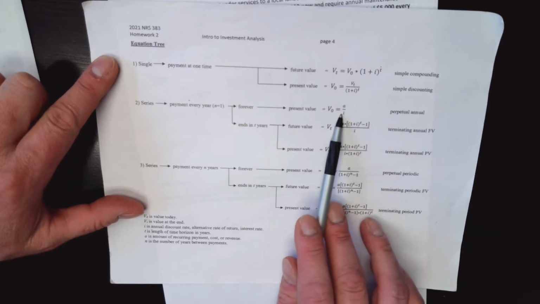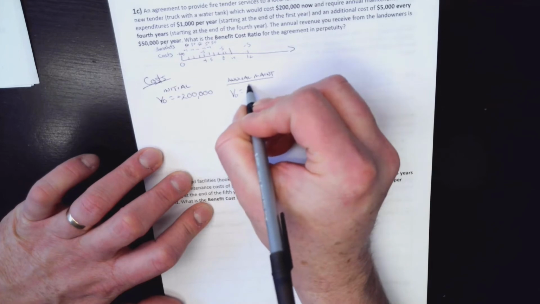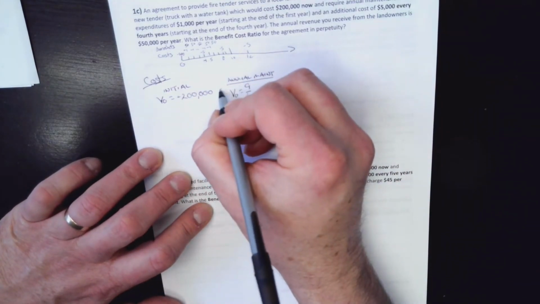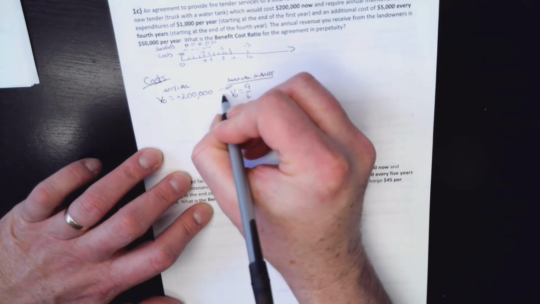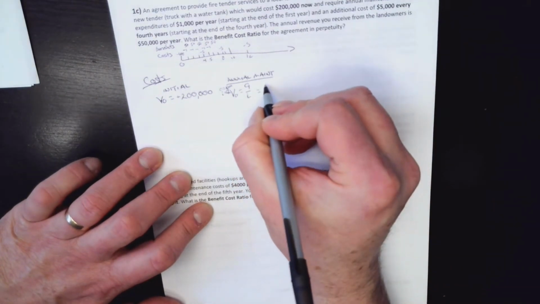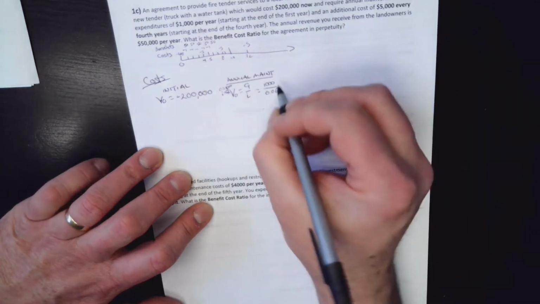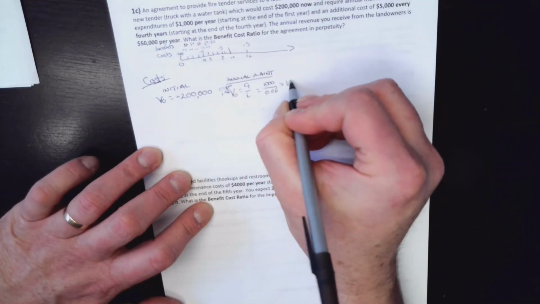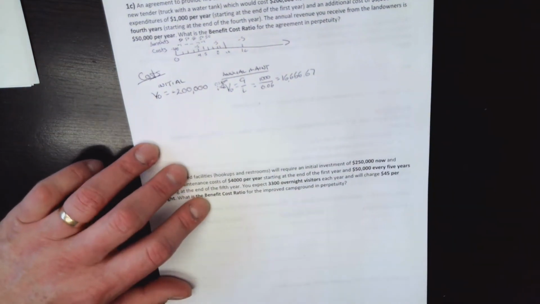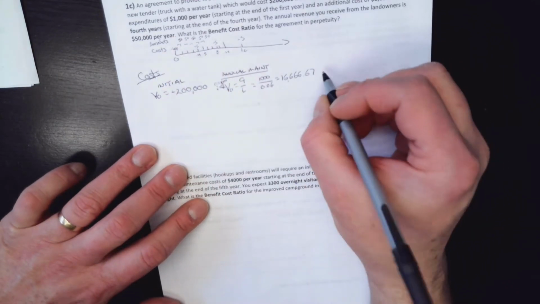So this is VO equals A over I. We know that A equals 1,000 and I equals 6%, so we can do that as 1,000 over 0.06, or a cost of $16,666.67. So we got 2 of our costs done. We have one more up here, the periodic one with the 5,000.